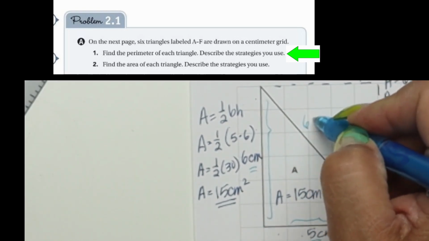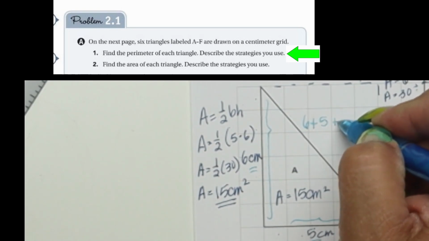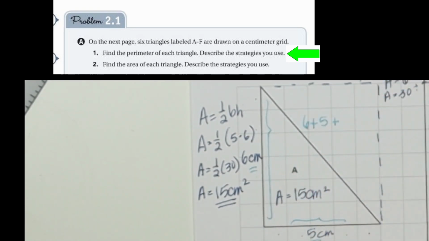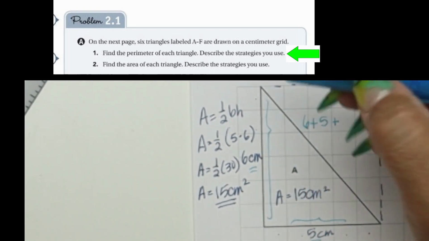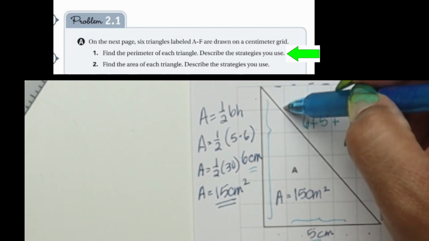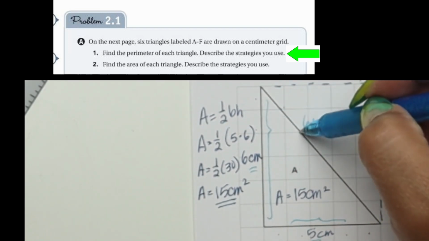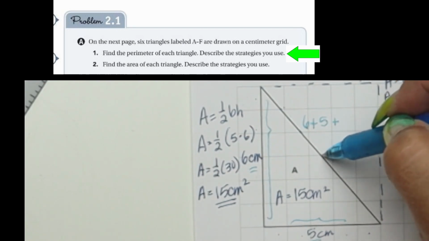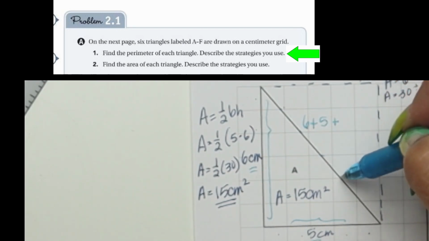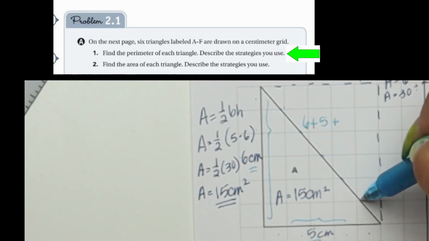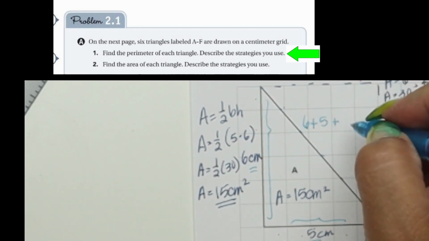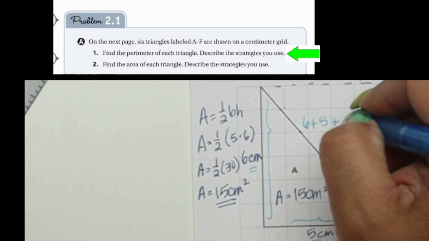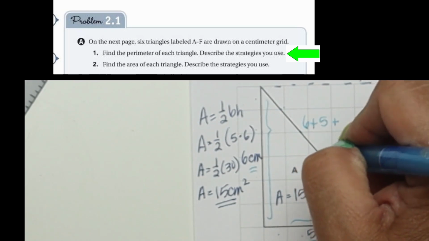So it's 6 plus 5 plus, and we don't know what this is, but we can estimate. So this is about 1, that's about 2, 3, 4, 5, and 6. Maybe that's 6.